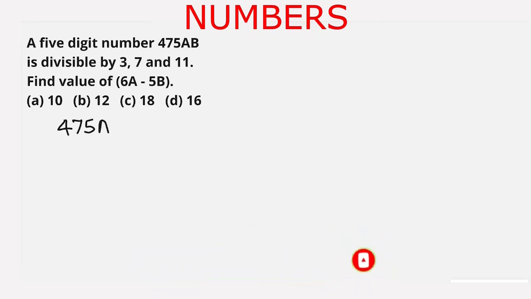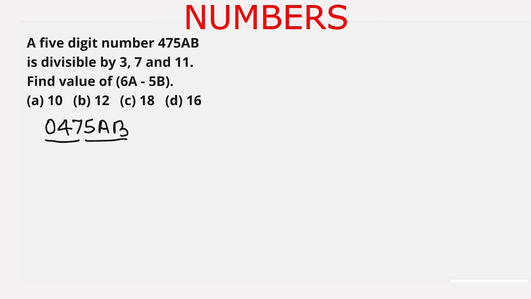The given number is 475AB. Now we use 3-digit rule, and for that we add 0 before 47. So we have made the 3-digit pair 047 and 5AB. As the number is divisible by 7 and 11, so it must be divisible by 77.